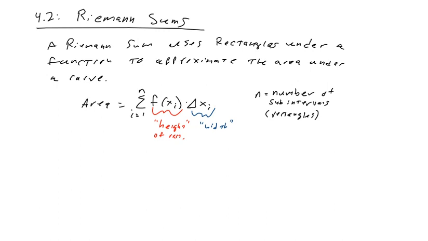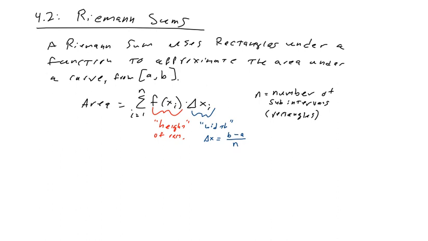I should say that all of these have an interval that you're approximating, so approximate the area under the curve from a to b. There's a starting point and an ending point for our area. And delta x is equal to the size of the interval divided by the number of rectangles.